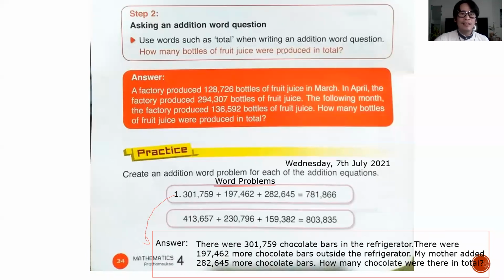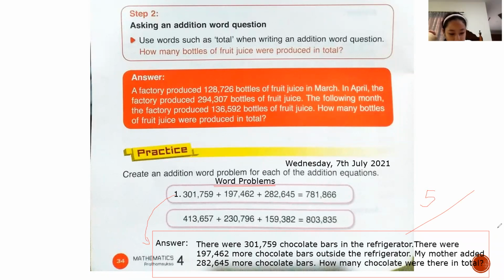If you want another example, you can, or you can copy the example. Up to you. I will give you 5 points if you created a story and answered your own word problem. Number 2, no need to answer. Just choose one.